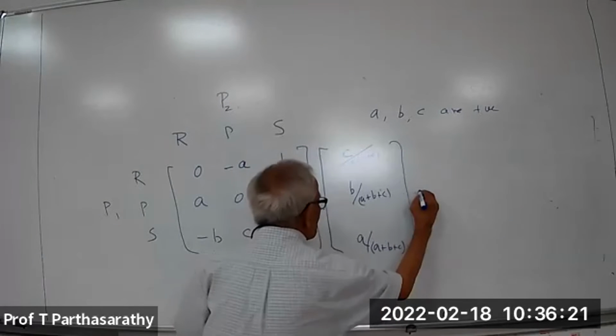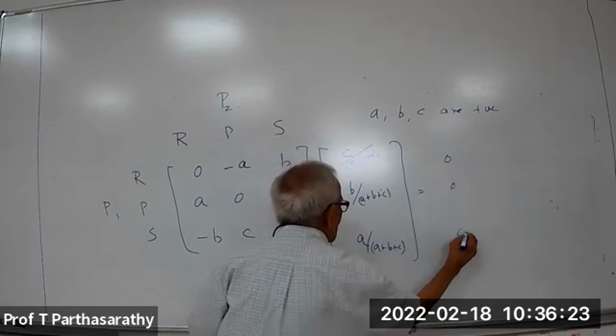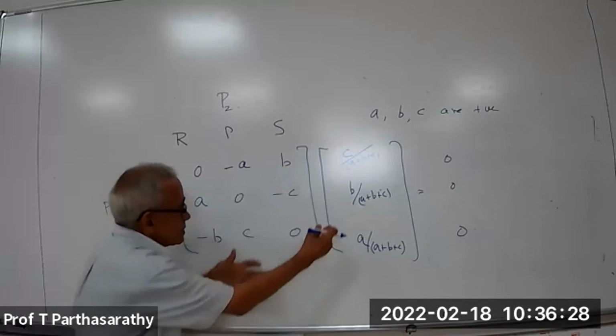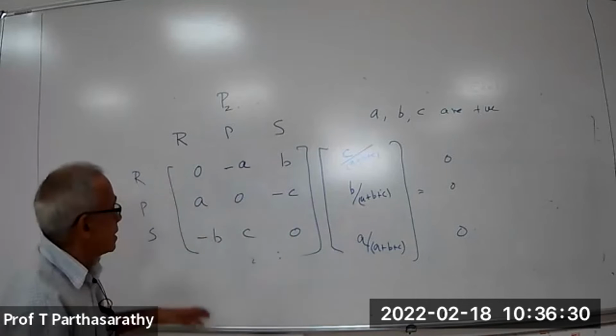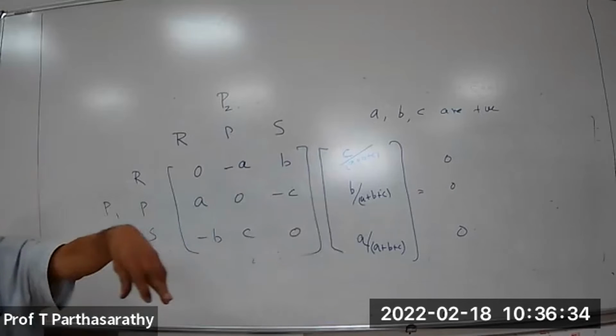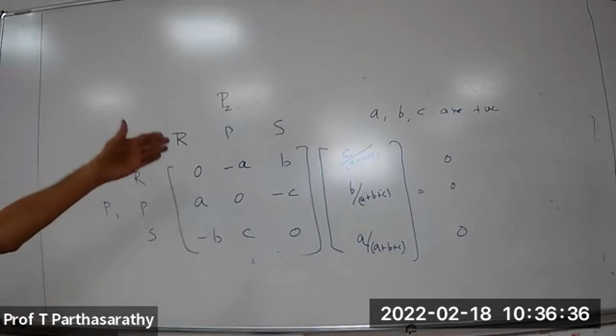You can check that this is equal to 0, 0, 0. Because here minus BA plus BA, the denominator is the same everywhere. So this is a strictly positive probability vector. Because A, B, C are positive, so all of them are positive.